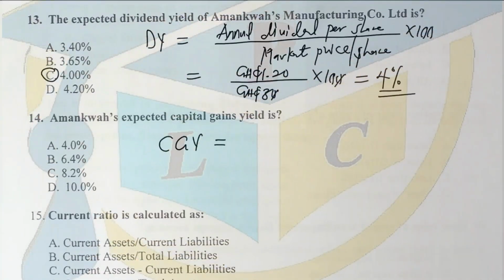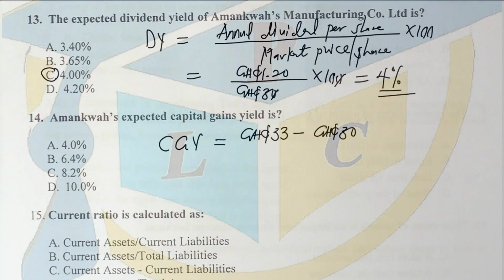So it's going to be the amount which has been appreciated from that stock compared with the original stock price, which is 30, and then divided by the same market price per share. In this case, the original price that we are talking about, the original price or the current stock price, and then multiply by what?